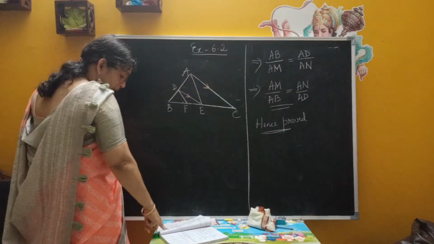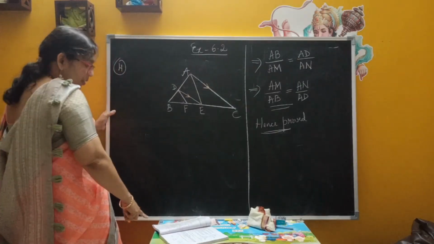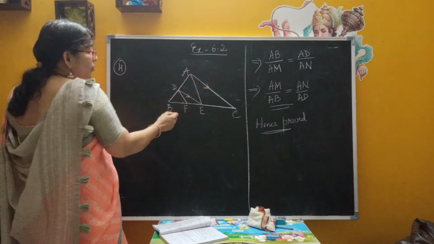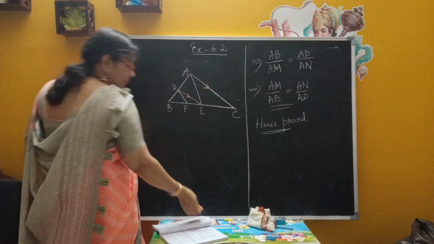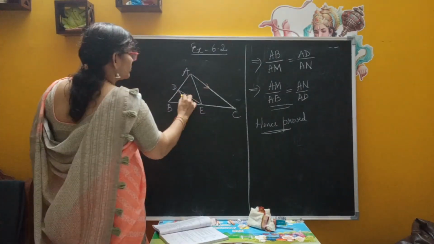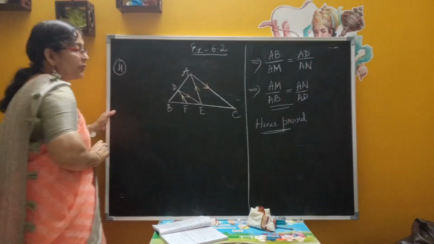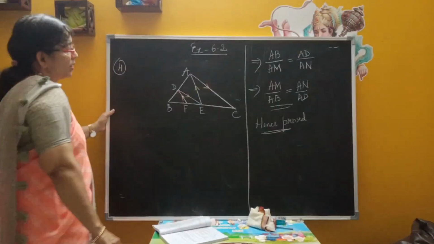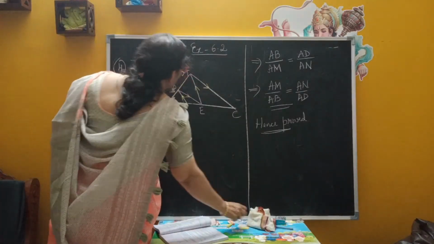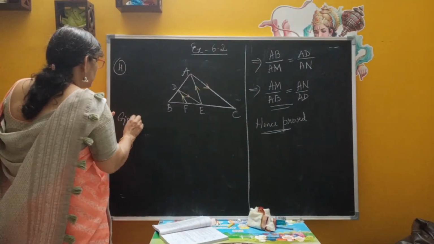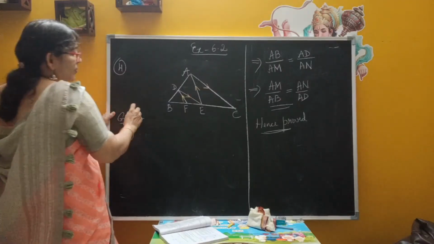And another one, DF parallel to AE. Another set of parallel lines. So let us write now the given.